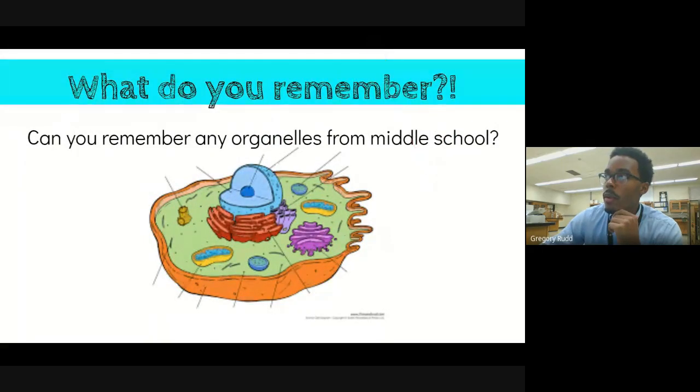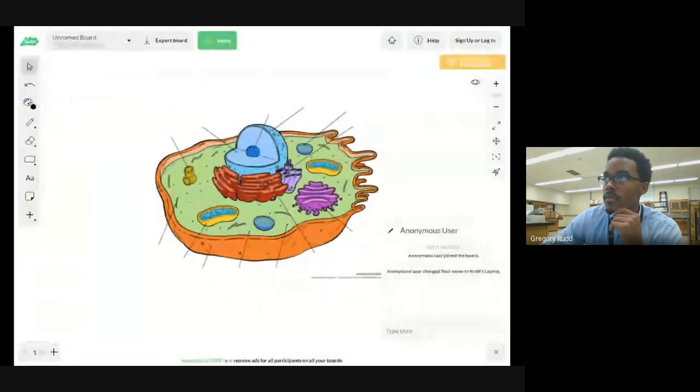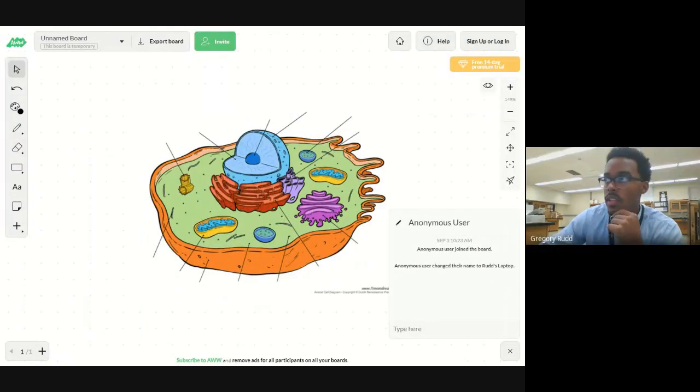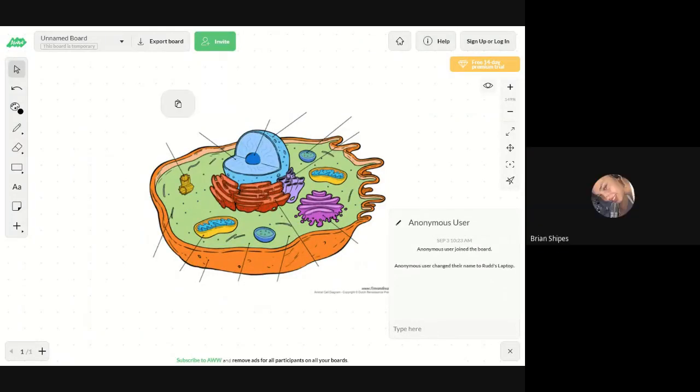So now I want to know if you remember any of the organelles that are a part of an animal cell from middle school. Can anybody tell me any organelles that they recognize here? Nucleus. Which one is the nucleus, Brian? The big ball in the middle, like the little ball.